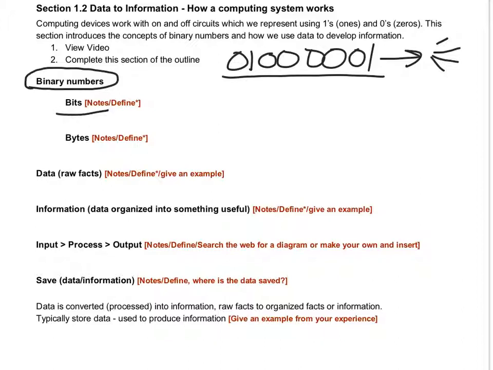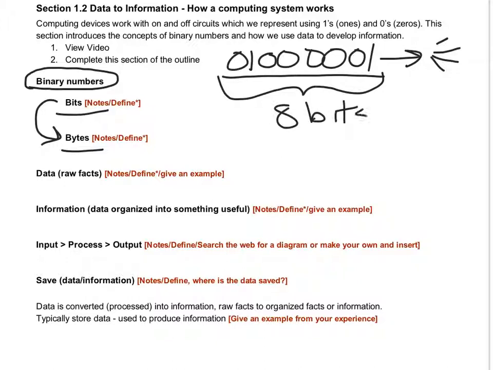Bits. We group those bits together and we get the term bytes. Typically 8 bits gives us a byte of information. Why know that? We usually measure how fast things move through a network by bits per second.